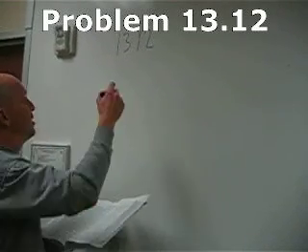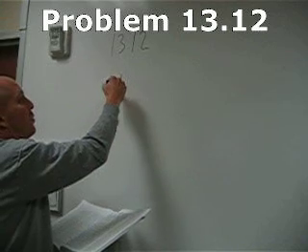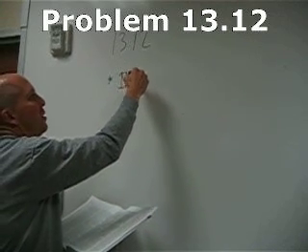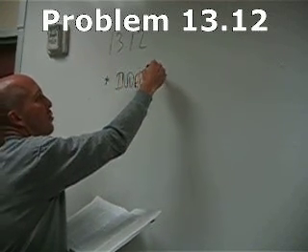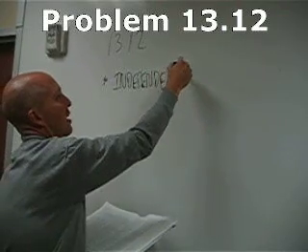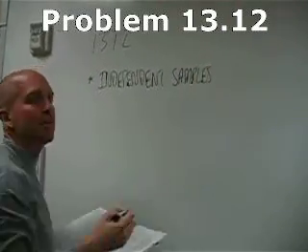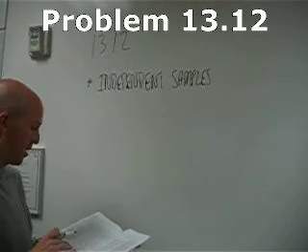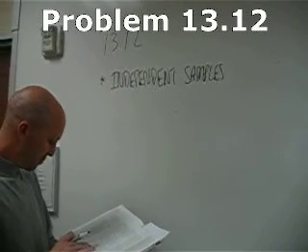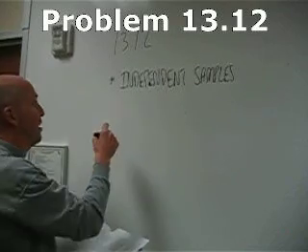First thing I want to note is we have independent samples. Why are they independent? Because we're looking at two different groups. There's no direct link between the subjects in the first sample and the subjects in the second. So we'll use the techniques in section 13.1. We also need to identify the groups.